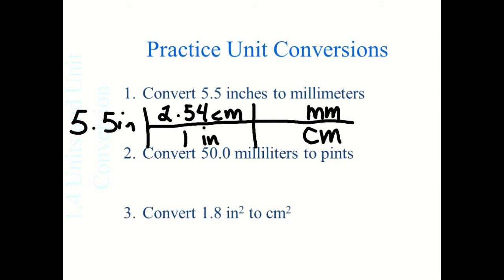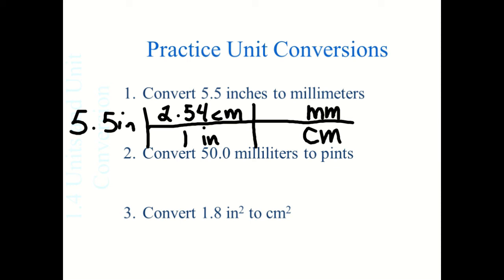There's a number of ways you can do this. You could say centi means to the negative 2. Milli means to the negative 3. So it's a difference of 10. So you could say 1 to 10, or you could actually put those numbers in.